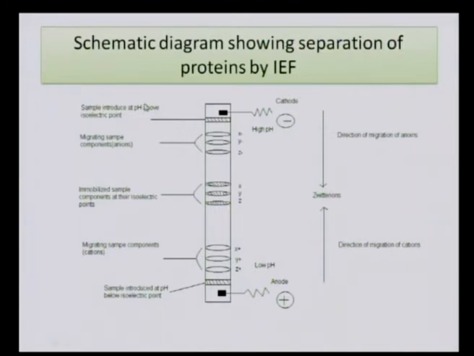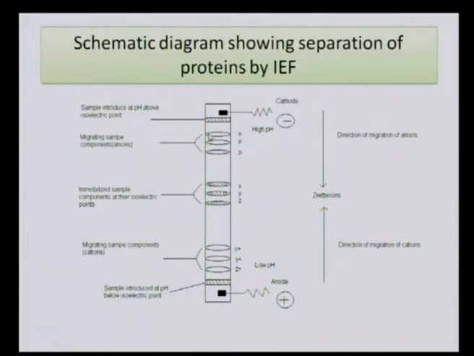On the left side of the image, the top one says that the sample is introduced at a pH above the isoelectric point. As we just said, the major principle working behind this technique is isoelectric focusing. To perform this, we need a range of pH from high to low, and we introduce the sample at both the high pH and the low pH.